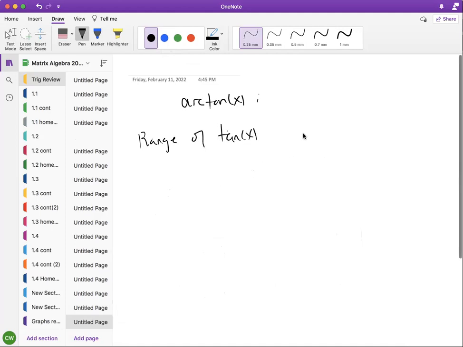The range of tangent is, well, we know that by our limits. They have vertical asymptotes, right? And it goes up to infinity and also down to -infinity. So since the range of tangent is infinite, the domain of the inverse must be infinite.